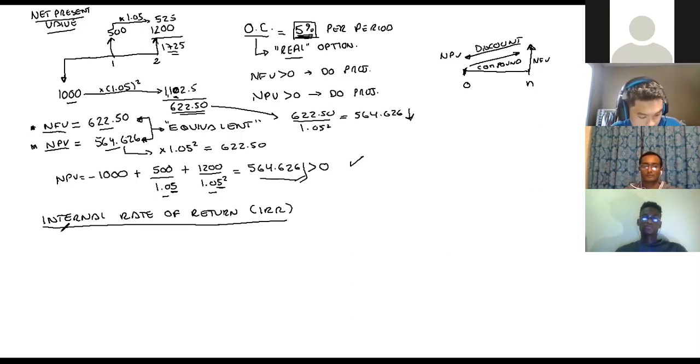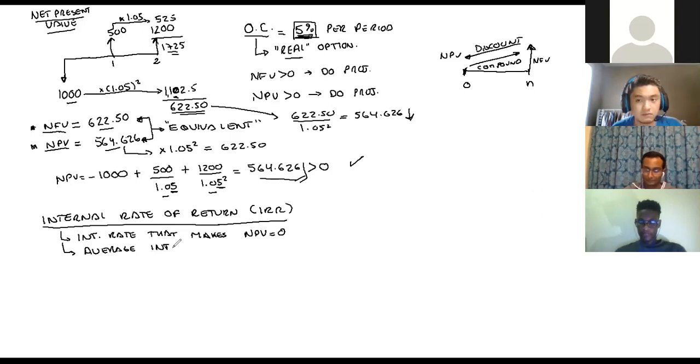Well, mathematically, guys, it is the interest rate that makes the net present value equal 0. Okay, and the financial intuition is the average interest rate per period.